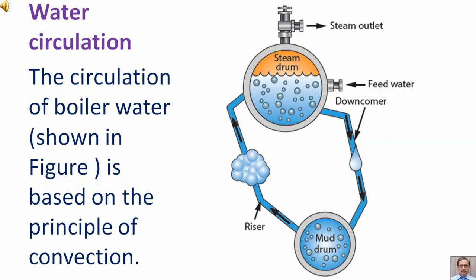The circulation of boiler water, as shown in the figure, is based on the principle of convection.